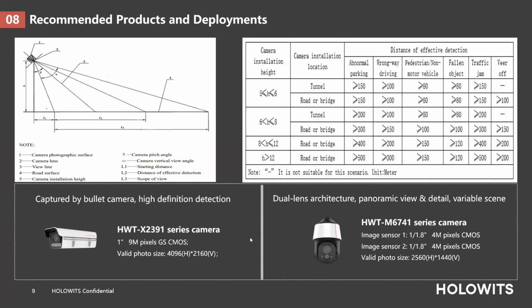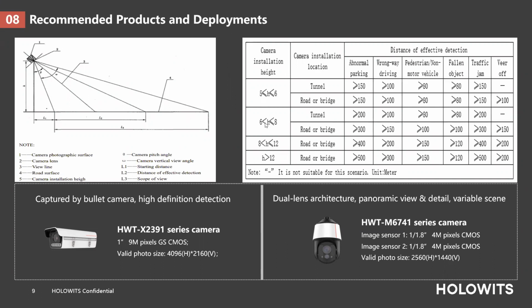Or you can also use the dual-lens architecture, like the M6741 series cameras. This is the camera installation height. All these documents are already uploaded to our HOLOWITS website. You can just search keywords like ATID and download the documents. We have many documents about this algorithm, so I will just briefly look at the effective detection distance and the deployments.